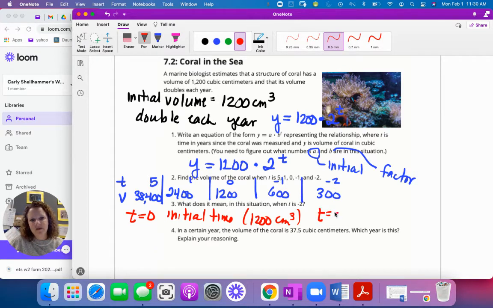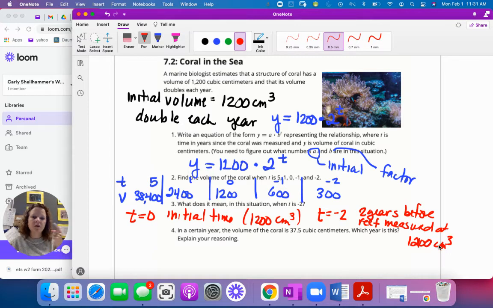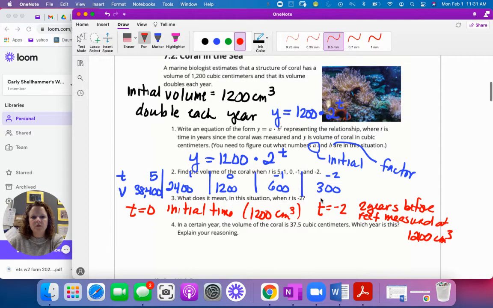So time equals negative 2 would be 2 years before the reef was measured at 1200 centimeters cubed. So 2 years prior to your initial time, okay? So 2 years before your initial amount, your coral reef was 300 centimeters cubed.